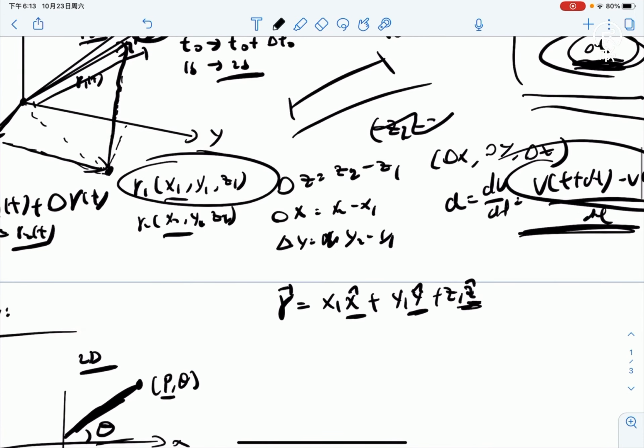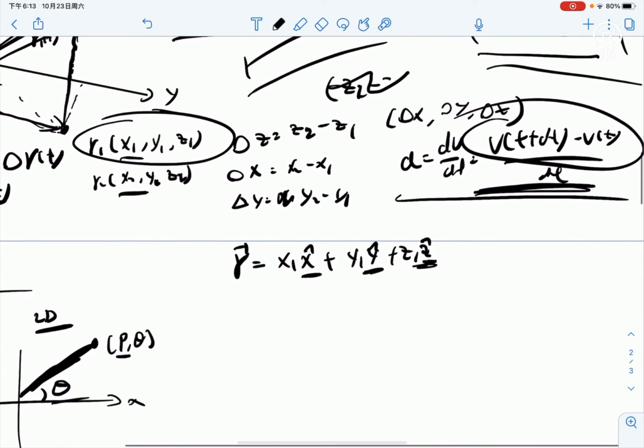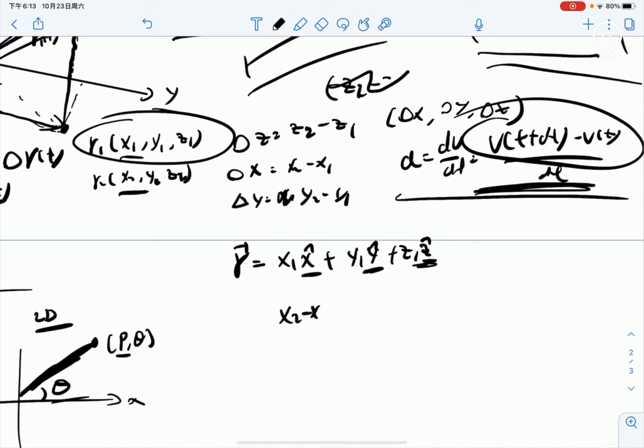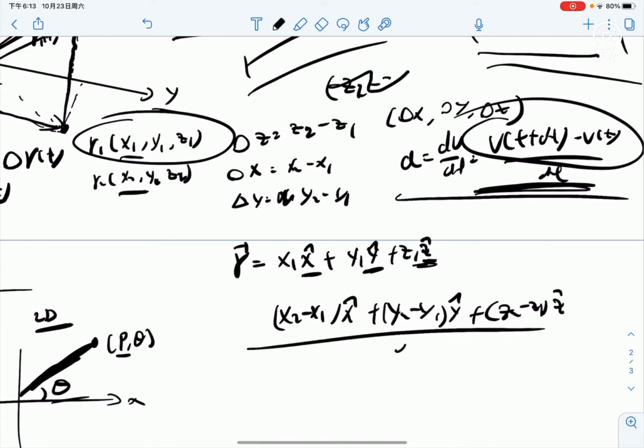We can separate the velocity into the terms x2 minus x1 in the x direction, y2 minus y1 in the y direction, and z2 minus z1 in the z direction, divided by the time. So this can be separated into vx in the x direction, plus vy in the y direction, and vz in the z direction.